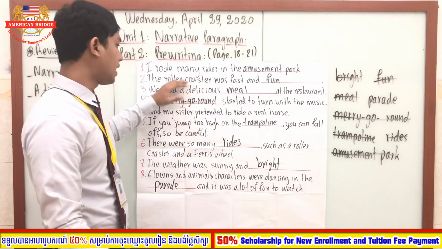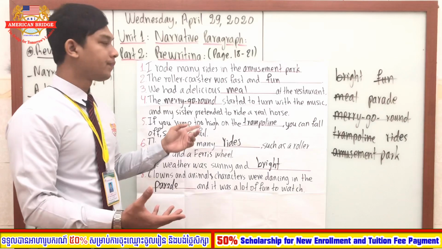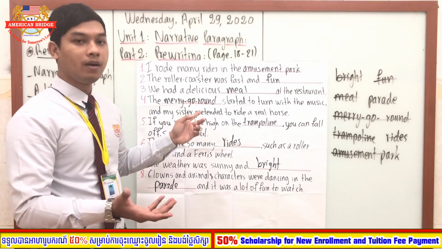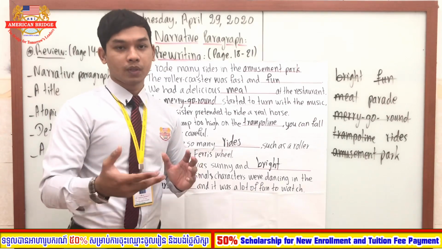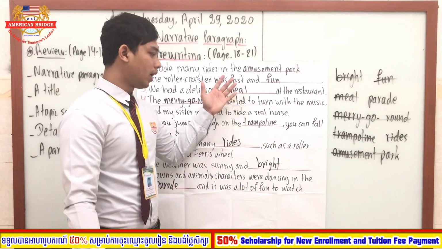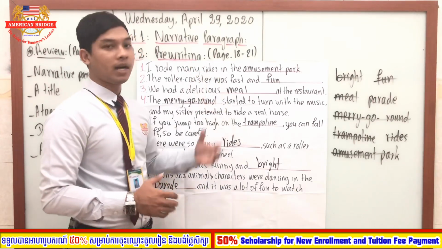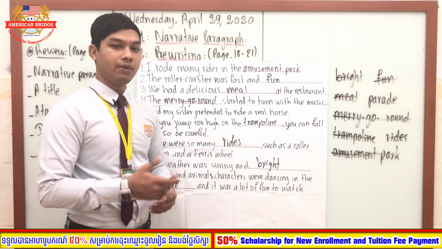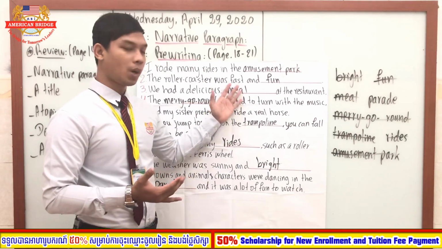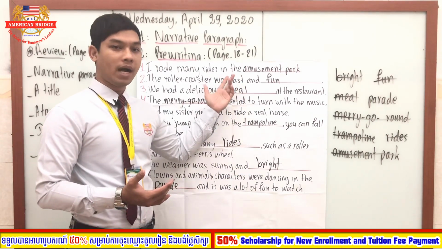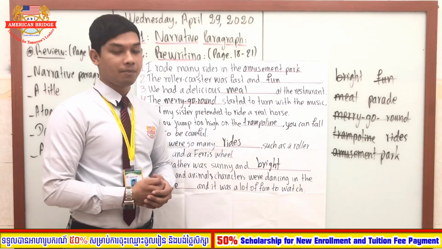So all these are the activities that are listed down. So this is also a kind of narrative sentences, and if you add some more sentences to these sentences, you will get a narrative paragraph too. If you have some free time, you can try to combine these sentences to make the narrative paragraph on your own.